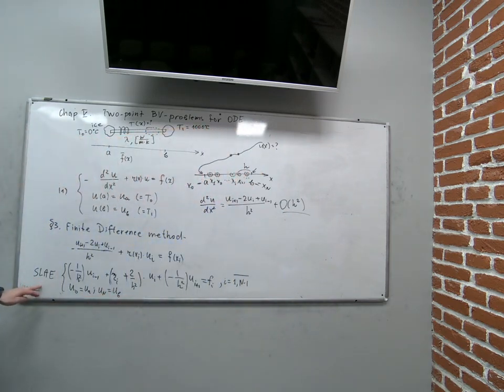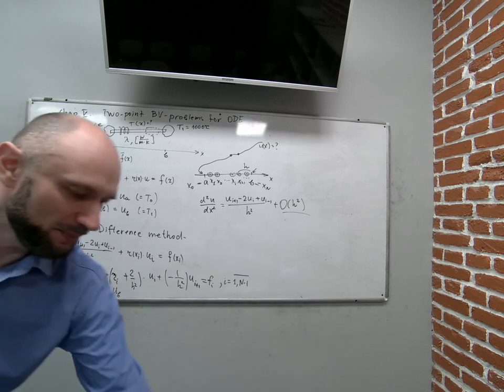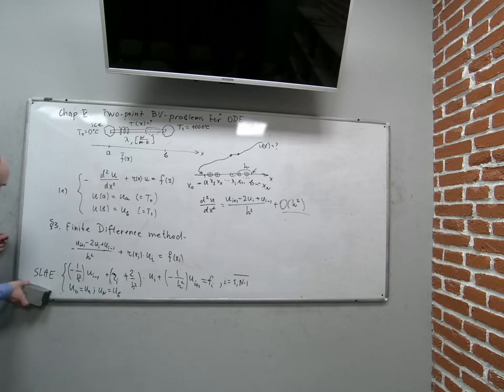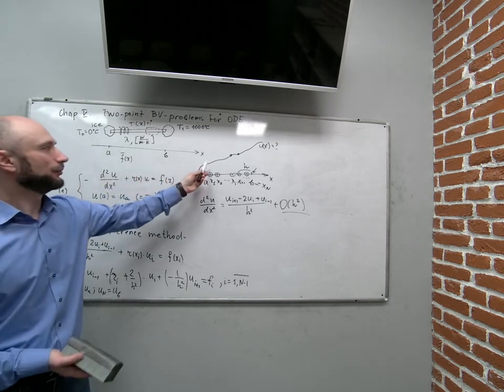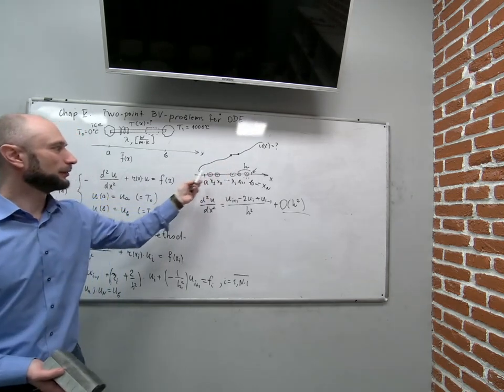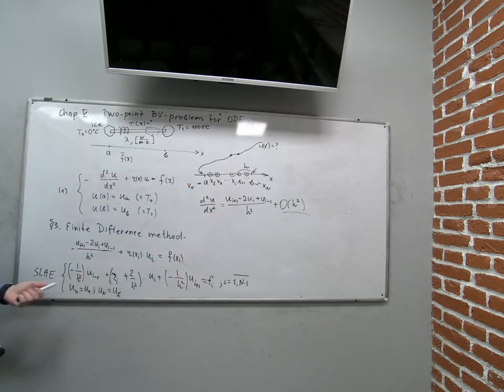So what do you know, or do you see what type of system we get? Fine. What is specific about this particular system of linear algebraic equations? How many different unknowns are involved in each equation at maximum? Only three. Only three unknowns of all the unknown values of our function along the mesh are involved in each particular equation.